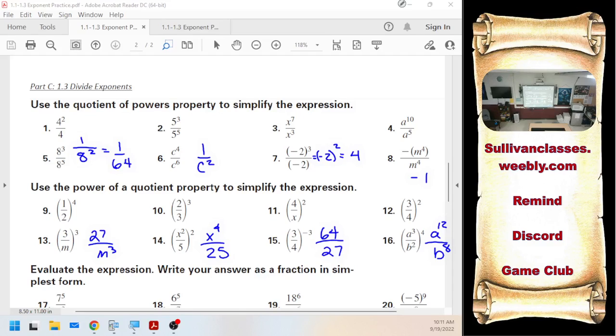Nothing from those? Yeah. 15. Okay. You get a car and you get a car, right? So if I have 3 to the negative third and 4 to the negative third, they're both negative.